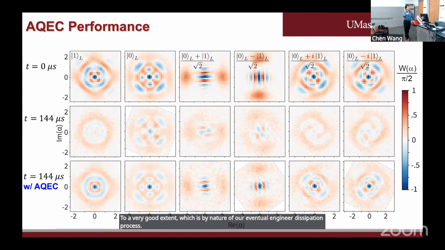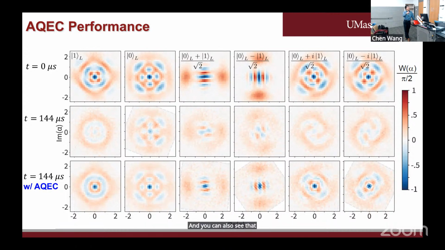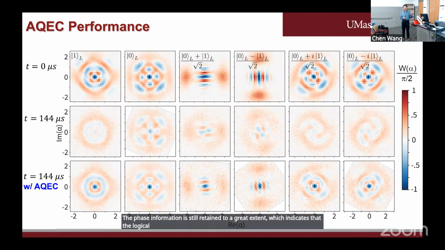You can also see that the phase information, like a north pole, a south pole, a vertical cat, will still be vertical after we adjust for some rotating frames in the system. The phase information is still retained to a great extent, which indicates that the logical information is preserved in the system, at least compared to the free cat.